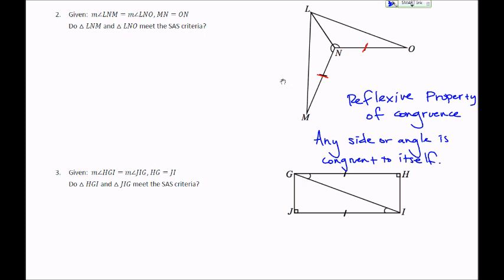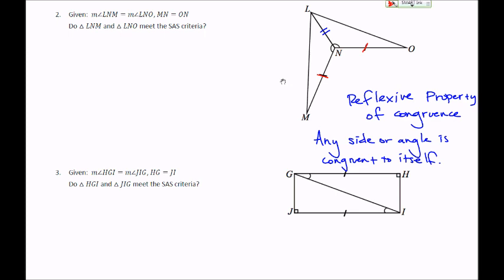But this reflexive property will be very useful for us because segment LN is congruent to itself because of the reflexive property of congruence. So with that idea in mind, our goal is to use the side angle side triangle congruence criteria to prove that triangle LNM must be congruent to triangle LNO.